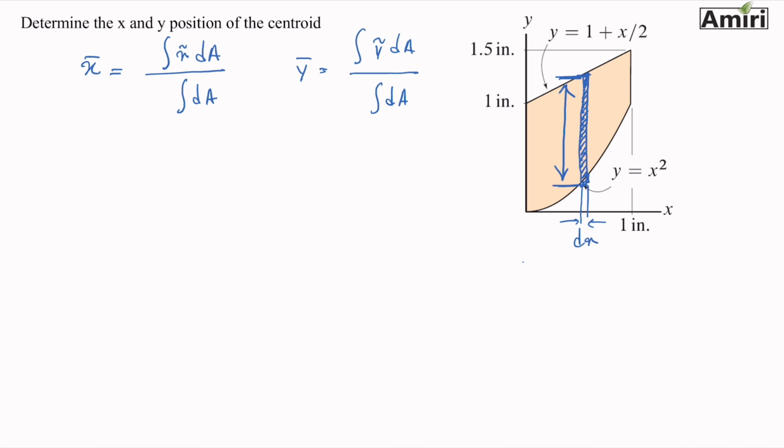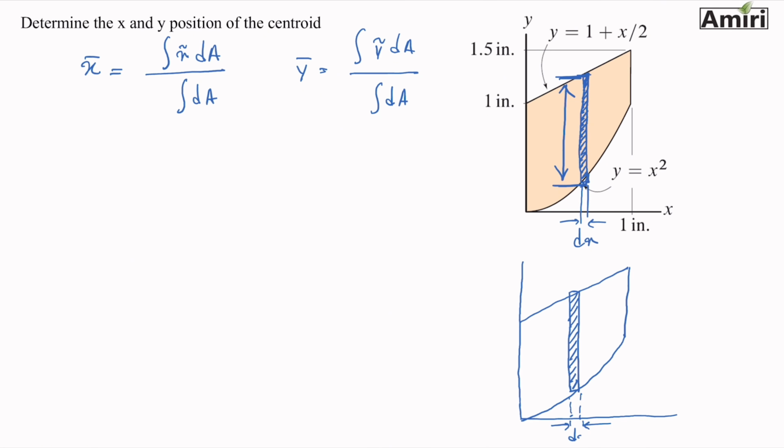So let me draw this a little bit better here, a little bit more clear. I'm exaggerating and drawing this very thick, but in reality it is very, very thin. dx. Okay.